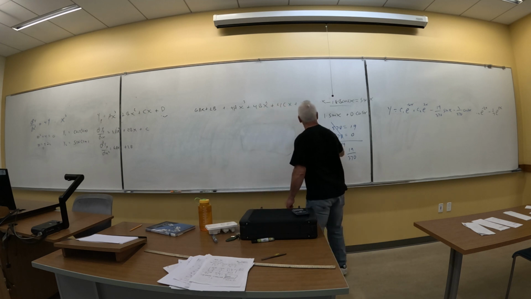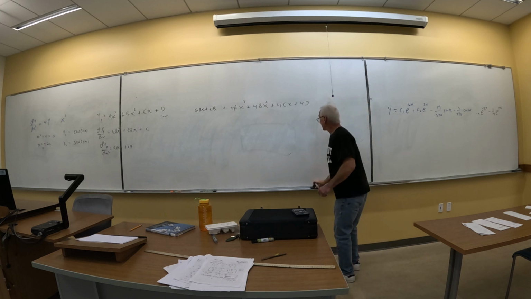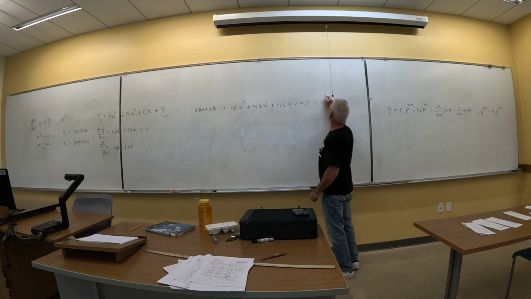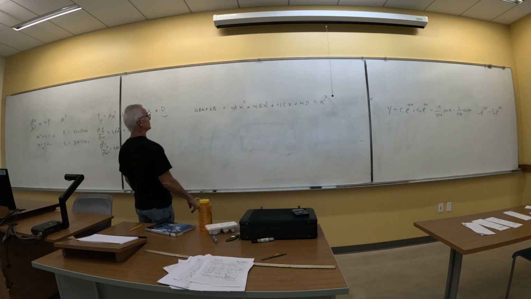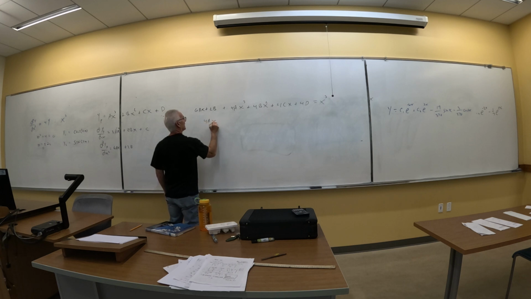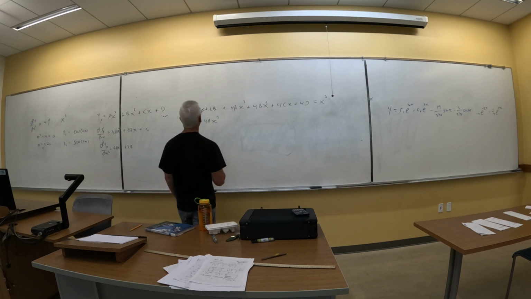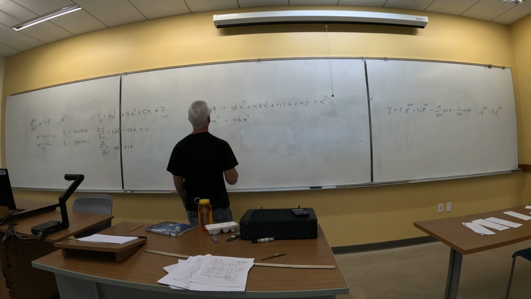And all of that has to add up to what? X cubed. So now let's gather terms. How many x cubed terms do I have? Just one. So I have 4ax cubed, and I think I have just one x squared term. All the other stuff doesn't even matter.